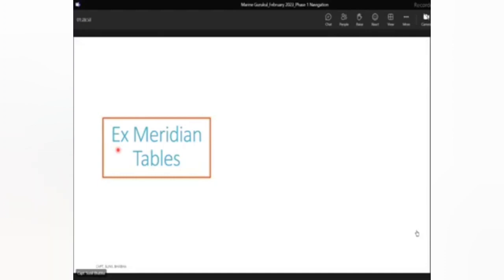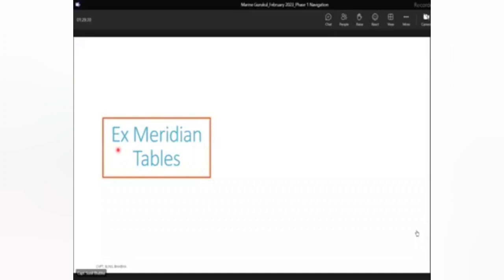If the body has gone outside that period, the time has moved outside that period, the X meridian method cannot be used in that case. What should be used in that case? The choice is the intercept method. So if the body has gone out of this limit, then we can use the intercept method.